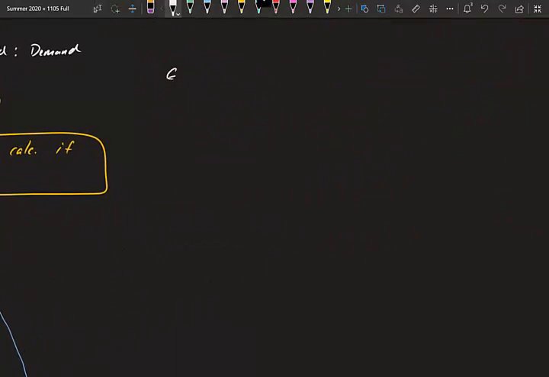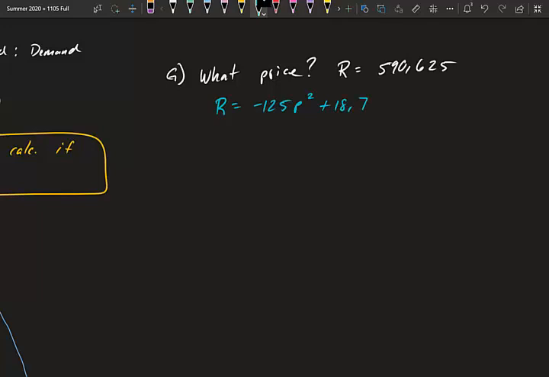So part G is asking us what price will be charged when we have a revenue of $590,625. So we're going to plug it into the revenue quadratic that we found, which was negative 125p squared plus 18,750p.